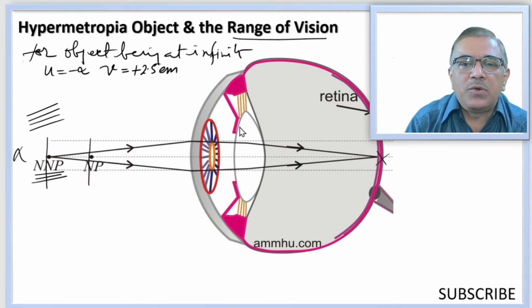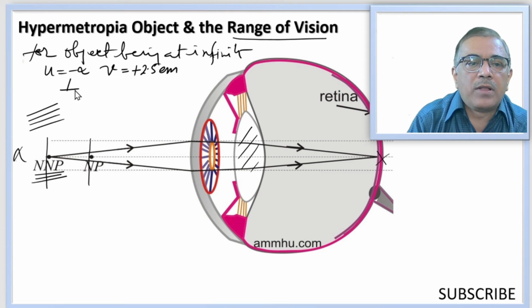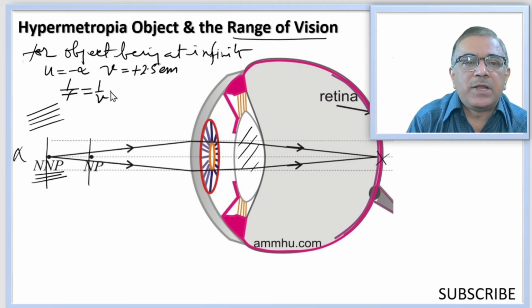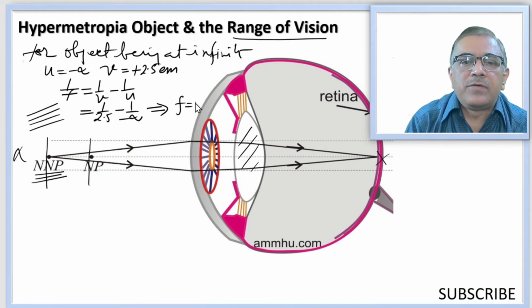Let's try to find out the focal length of the eye lens in this case. We can do it by using the lens formula. This implies that the focal length is equal to plus 2.5 centimeter.